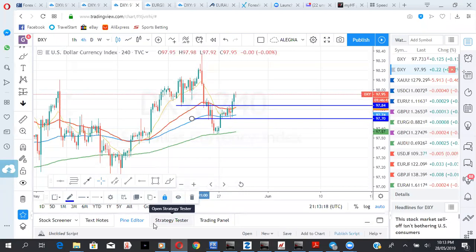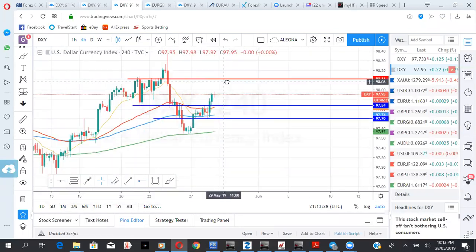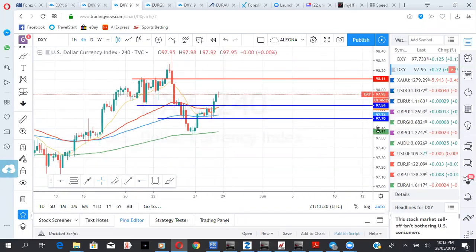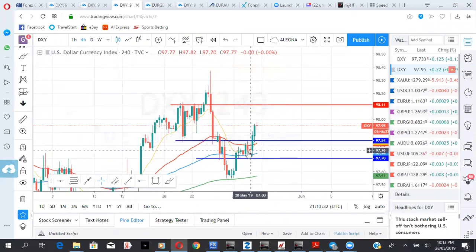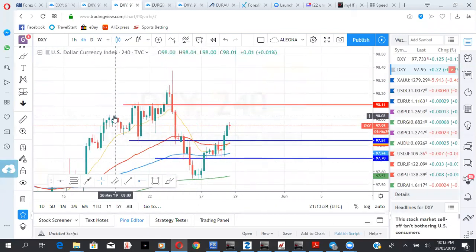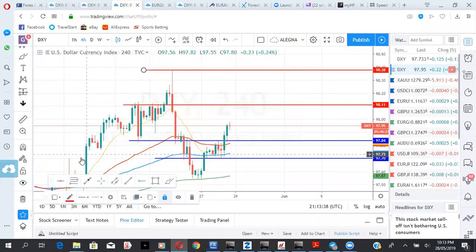Then if we look at this pair, our first level of resistance is coming in at that end. I'll change the color. Then the other level of resistance is coming in here.